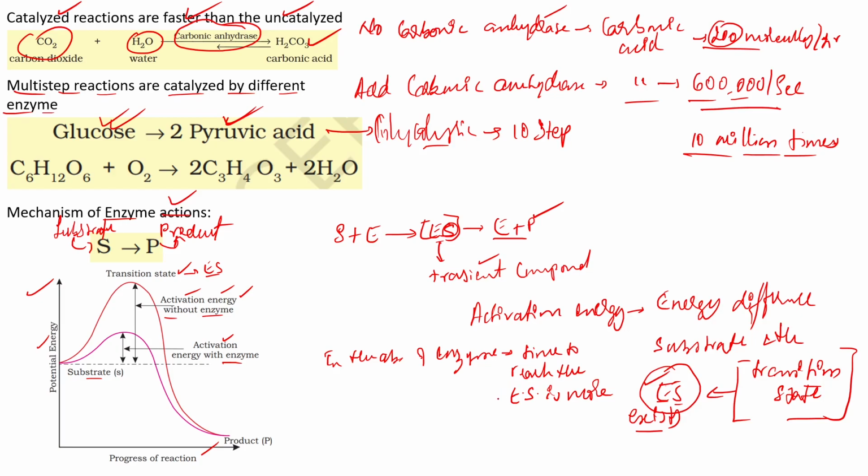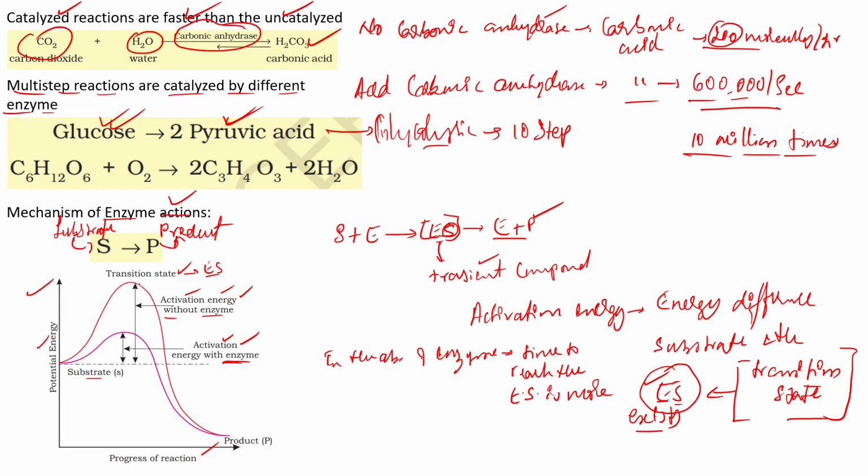However, you can see that this activation energy, or the energy difference, in the presence of enzyme is decreased. That is why the arrow mark is very small over here. So you can see that enzymes mainly work by bringing down this energy difference between the substrate and the transition state.